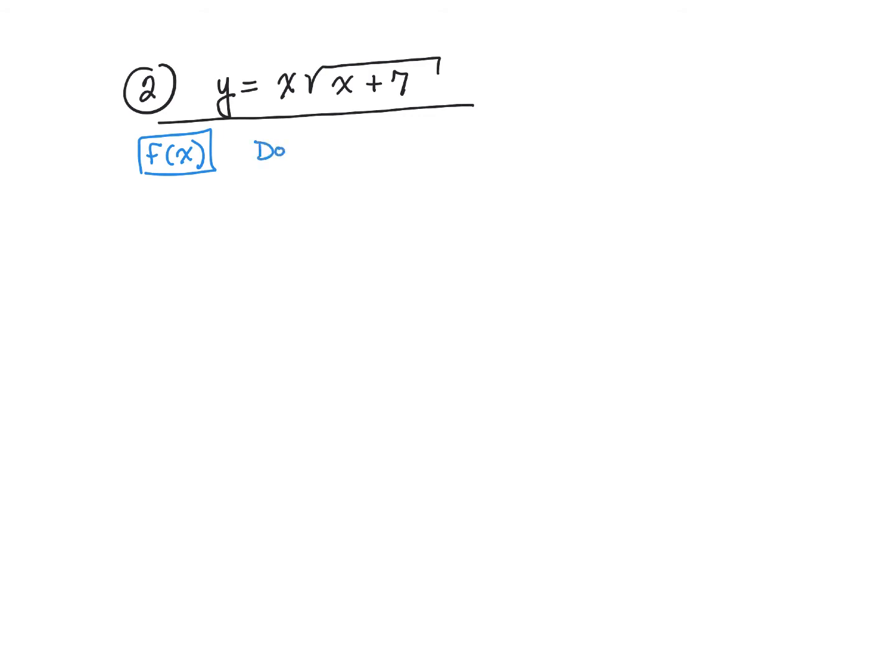So I asked you for the domain. In this case, we know that what's under the radical, x plus 7, has to be greater than or equal to 0. So x has to be greater than or equal to -7. I would have accepted that, or -7 to infinity.